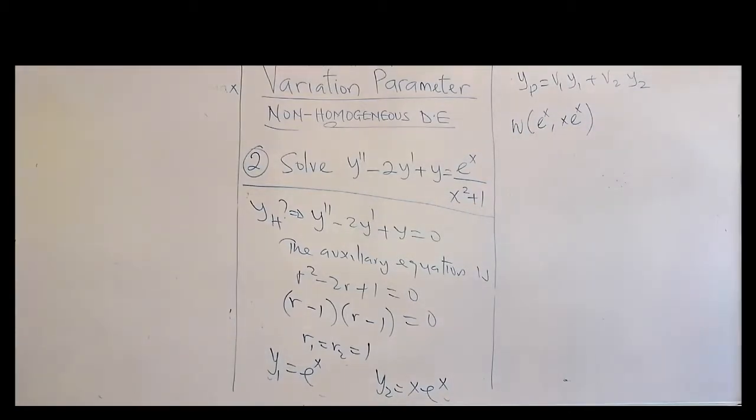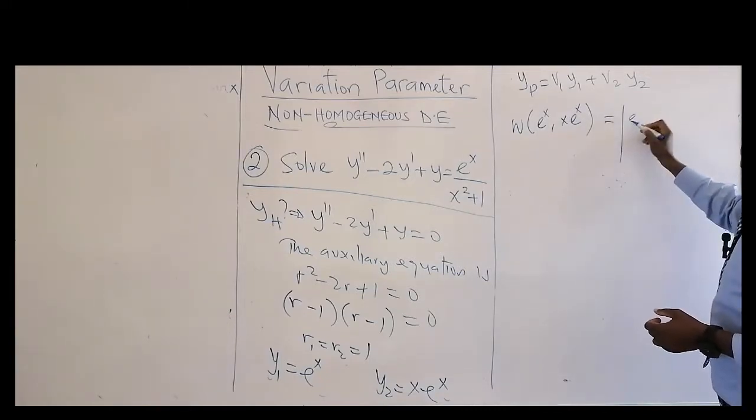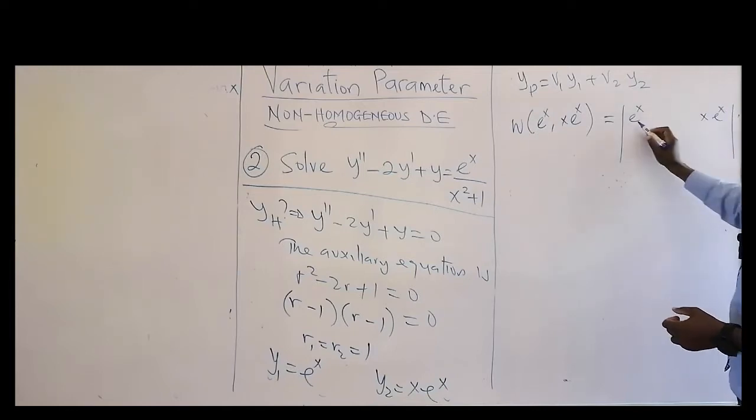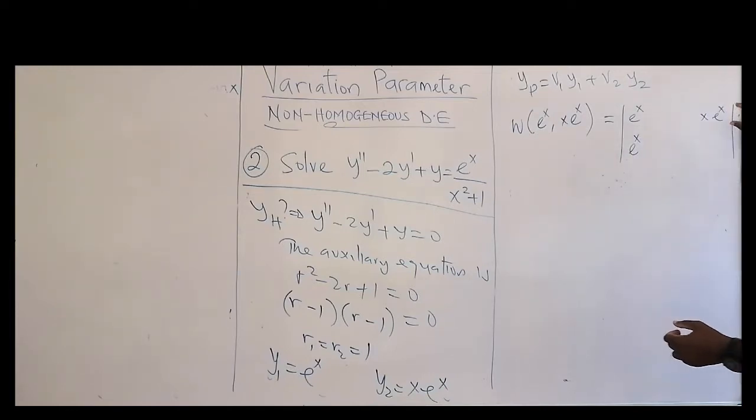Let's get the Wronskian of those two functions. The derivative of this one is that function. The derivative of this one is a product rule. Differentiate this, then you have this, plus keep this one constant and differentiate this, then you have this.